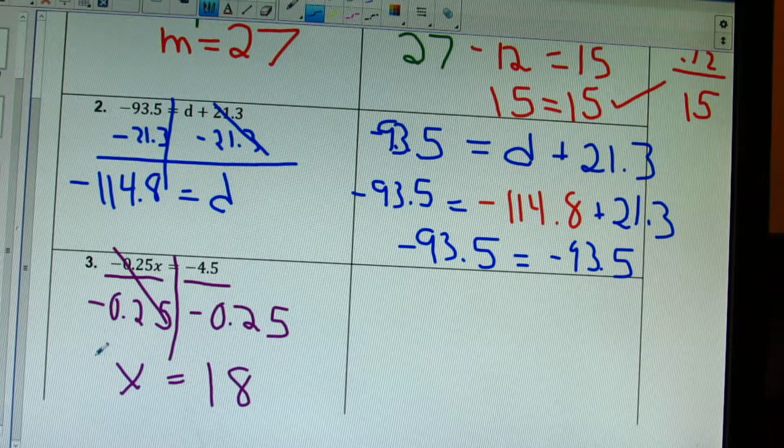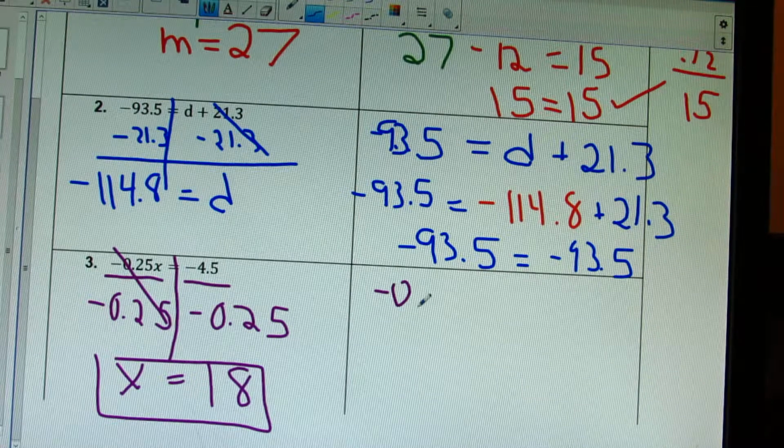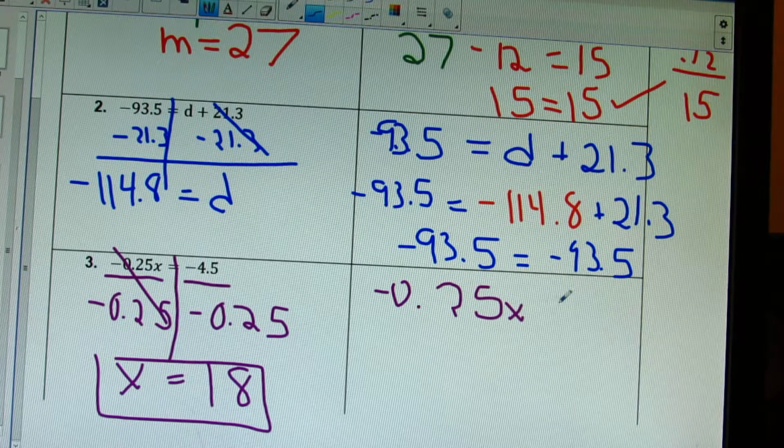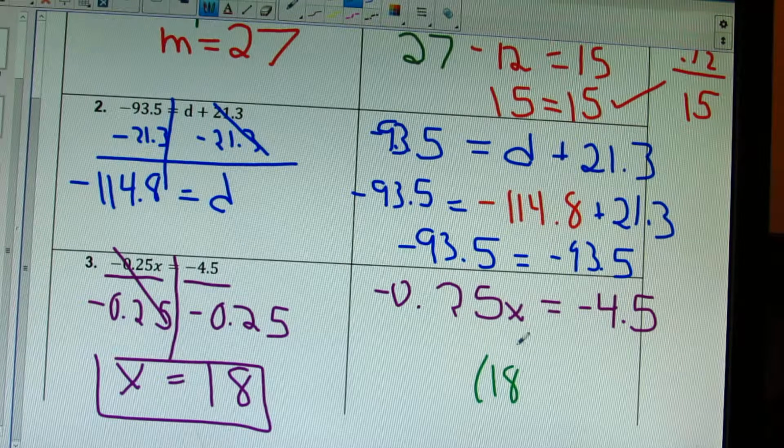And that is a positive 18. Again, checking your work. Rewrite. Ooh, that's a terrible 2. My apologies. Replace. Because there is no sign here, I have to use parentheses to substitute in my 18.